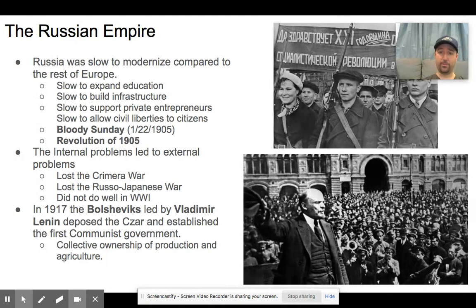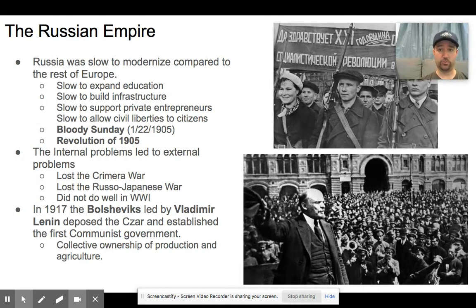But the bottom line is the Russian Empire goes from being ruled by the Tsar for a very long time, the Tsars were essentially the last major monarchs in Europe, to the world's first communist government. Tsar Nicholas himself is killed as well as a lot of his family.